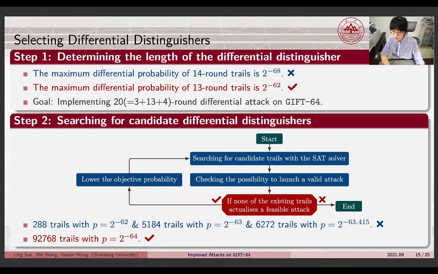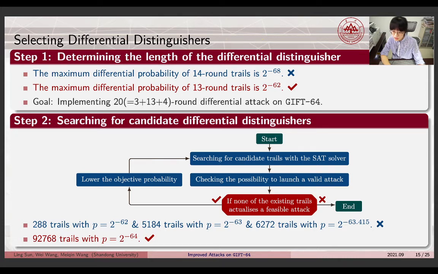However, when these trios are exploited to launch 20-round differential attacks, the time complexities go beyond 2^128 for the extensively involved sub-K bits in the sub-K enumeration phase.